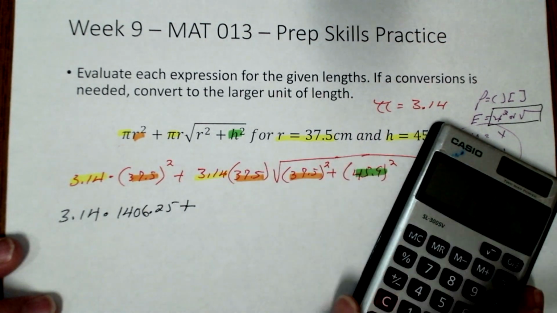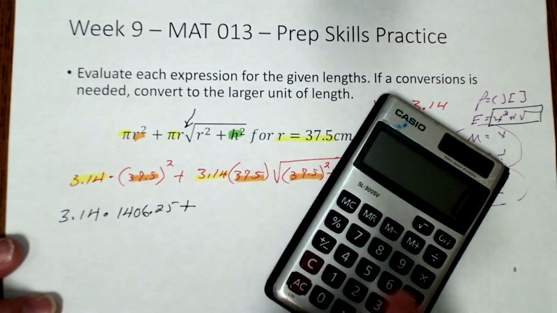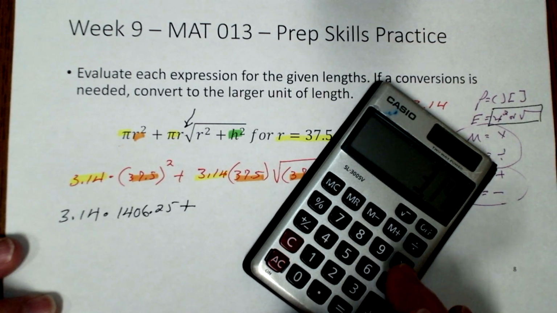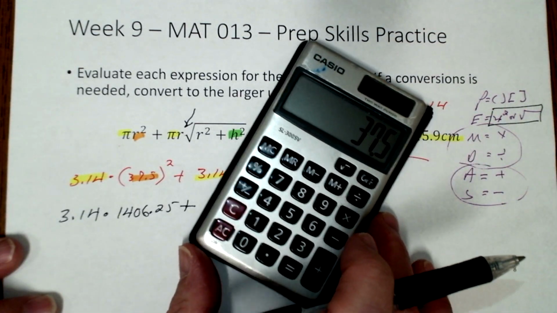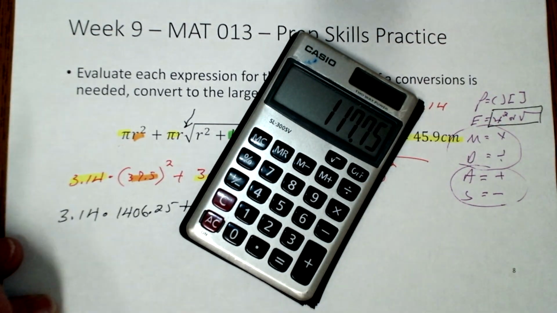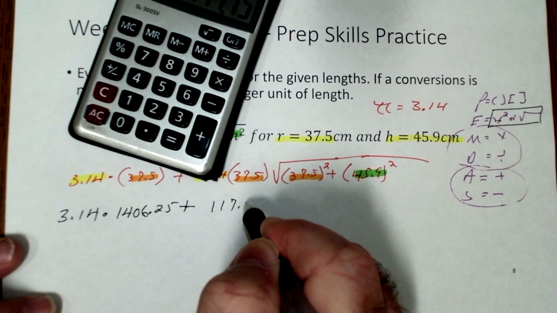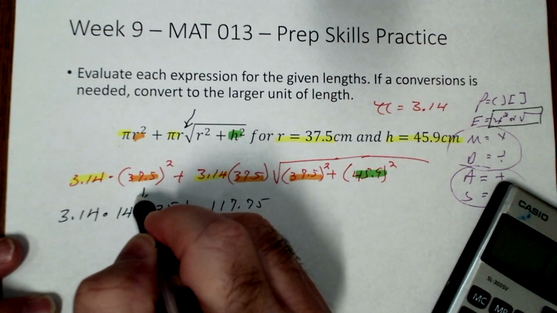Plus, let's just go ahead and multiply that. This one's not squared, so it's just one time. 3.14 times 37.5. And when we do that math, we come up with 117.75.